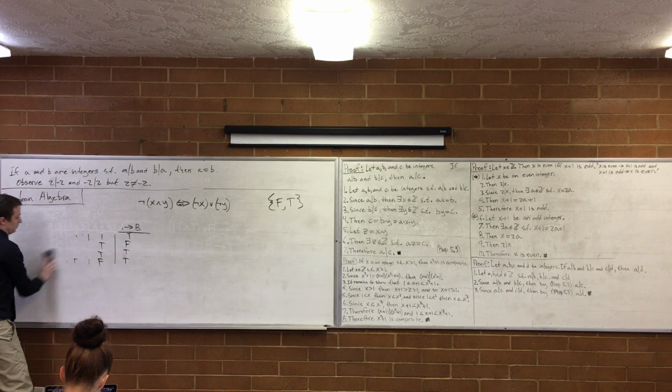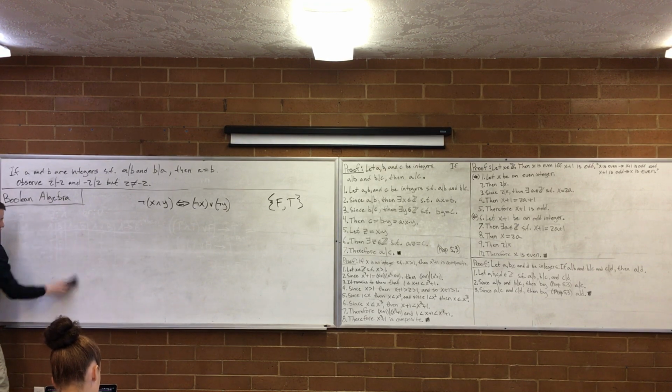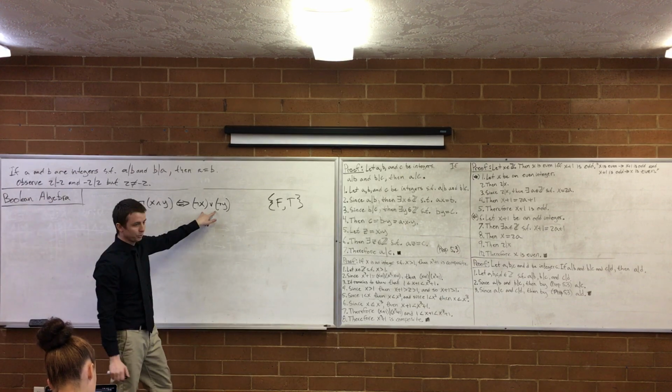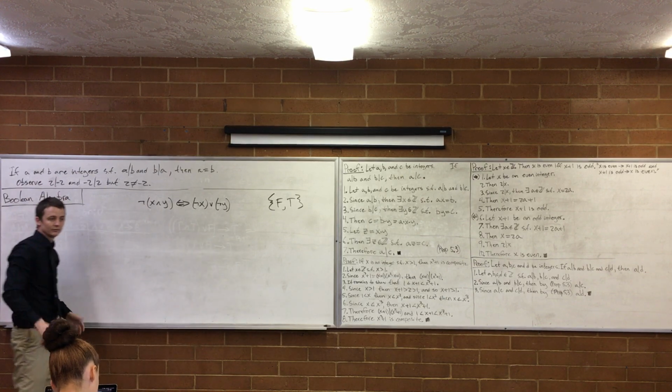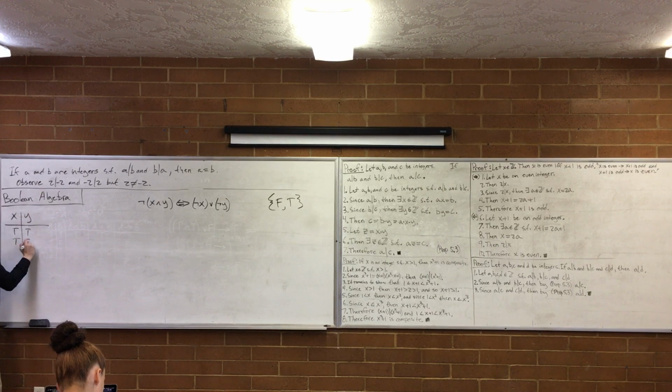We know the basic operators. So the way that we prove these is with truth tables. You show that regardless of what values you plug in for this and what values you plug in for this, they always give the same thing. And what are all the possible values I can plug in for x and y? I could have x true, y true; x true, y false; x false, y true; x false, y false.